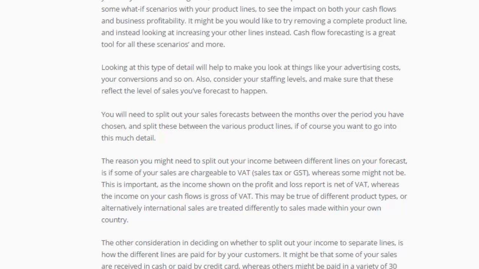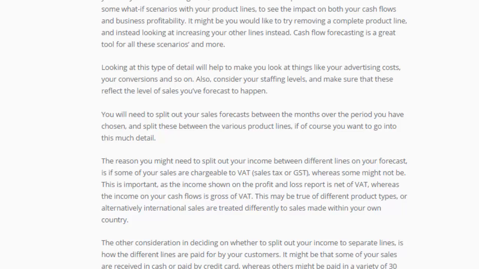Whilst talking about VAT or sales tax, another important thing is that you may have to split out within your cash flows different product lines, or if you sell into different territories. For example, there are certain items that carry VAT or sales tax and certain items that don't. So you'd need to split those out onto different lines within your cash flow forecasts to make sure that the VAT or sales tax is accounted correctly.